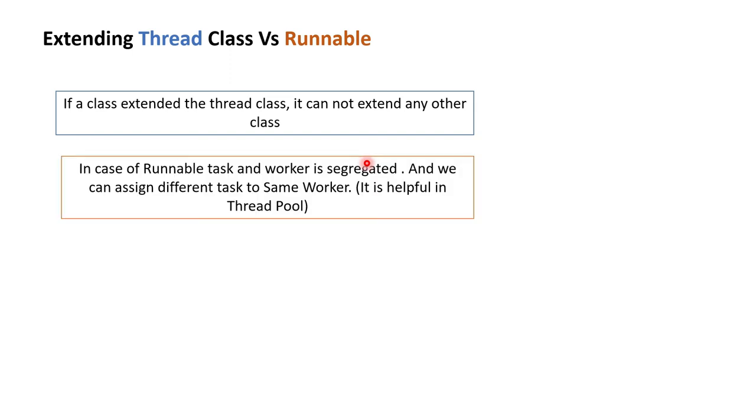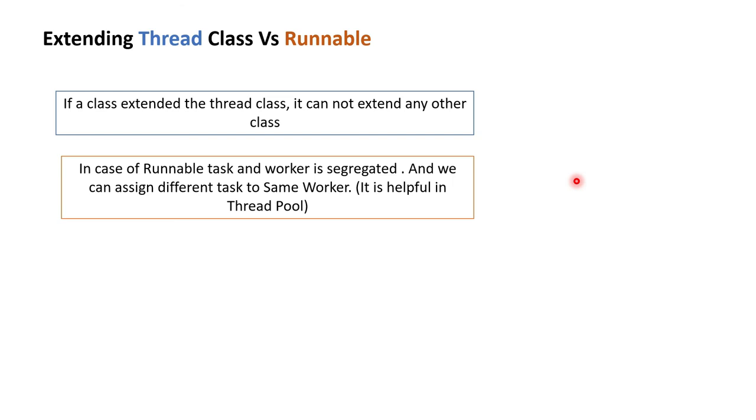Second thing is, in the case of Runnable, the task and the worker are segregated, and we can assign different tasks to the same worker. When we talk about thread pool, which is a pool of threads where we have ready-made threads available according to the pool size, if you create some task as a Runnable, then you can assign this task to any available thread in the pool.